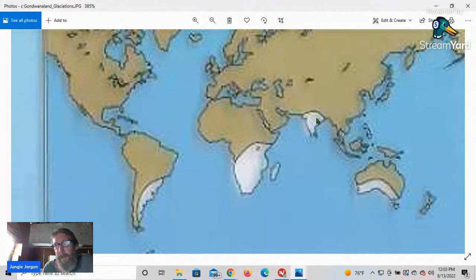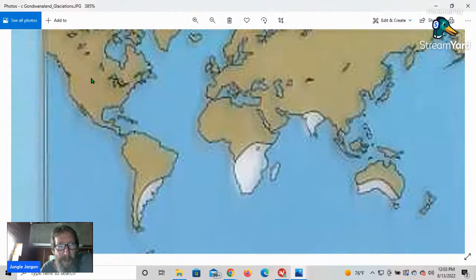Like I said, I believe Asia was even connected to Australia as well, because I've seen a representation of how Australia separated from Asia, and it fits very well as well. So I don't think Asia was too far away to begin with.